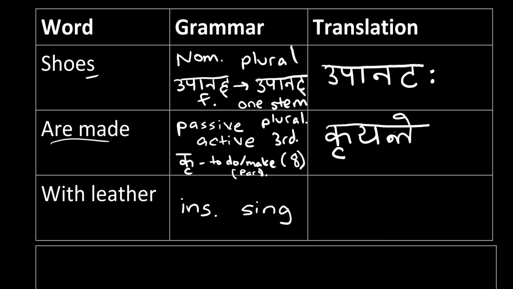And then with leather, the word for leather is charman. That has to be in the instrumental singular case, and charman is also neuter.